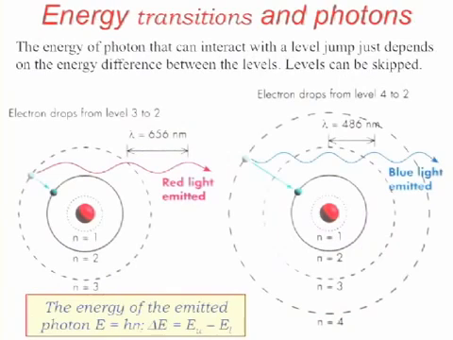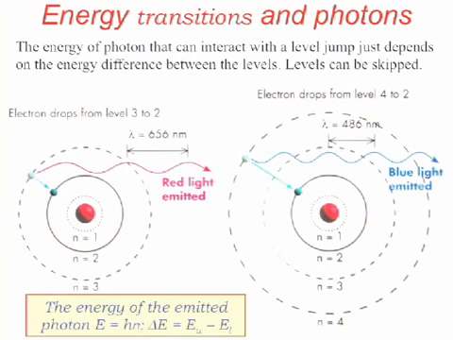So hydrogen will emit red light when this quantum transition occurs from n equals 3 to n equals 2. When the photon emits, it goes from 4 to 2. Here it skips 3, just goes down this much. The light it gives off is 486 nanometers, which is blue. So the hydrogen atom will emit blue and red light at the same time.